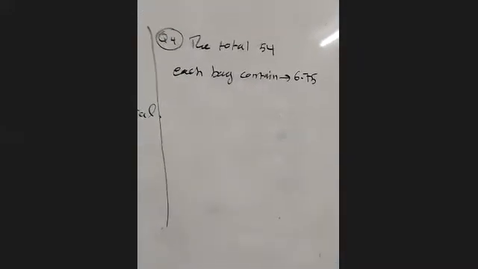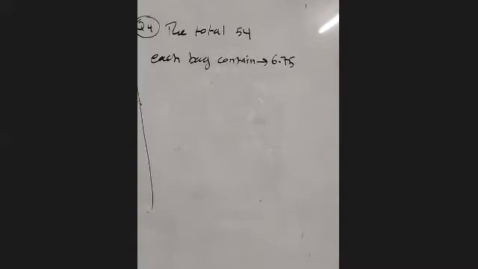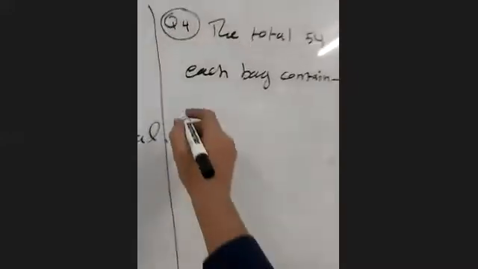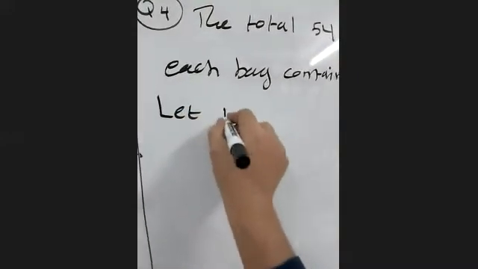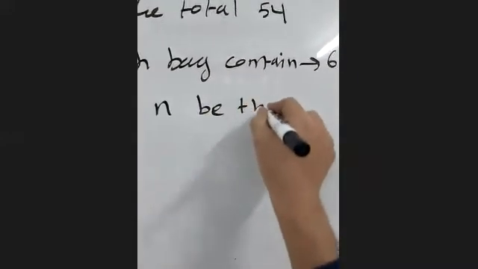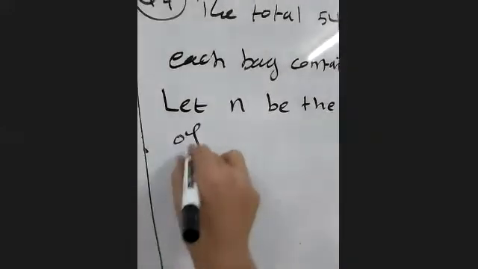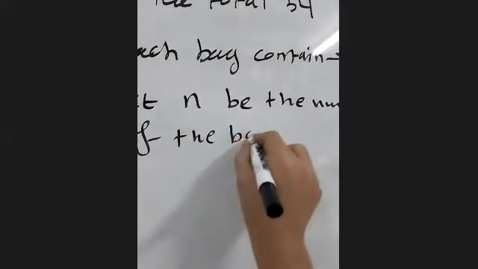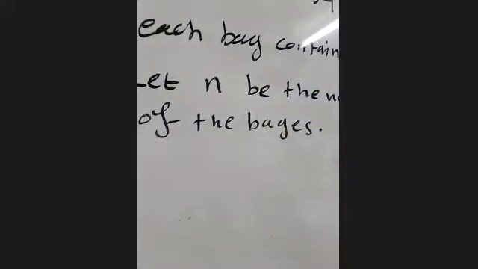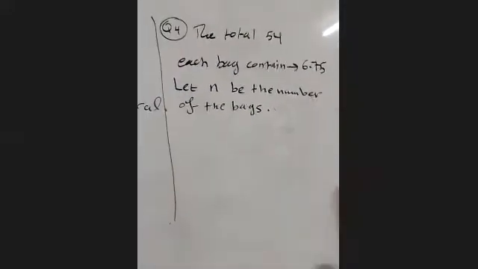Yes. Do we know the number of the bags? No. So we replace it by a variable. Let n be the number of the bags. We need to know the number of the bags, right? Yes. Now, the question tells you what you will do.